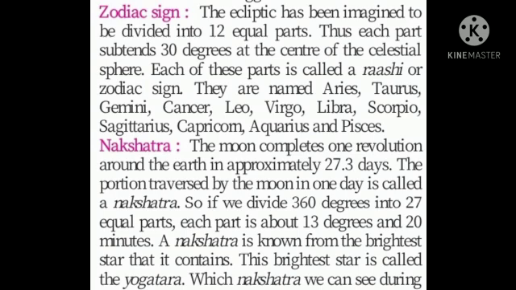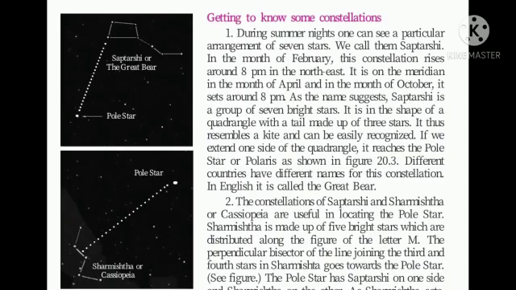Each of these parts is called a zodiac sign or Rashi. The zodiac signs are Aries, Taurus, Gemini, Cancer, Leo, Virgo, Libra, Scorpio, Sagittarius, Capricorn, Aquarius, and Pisces.